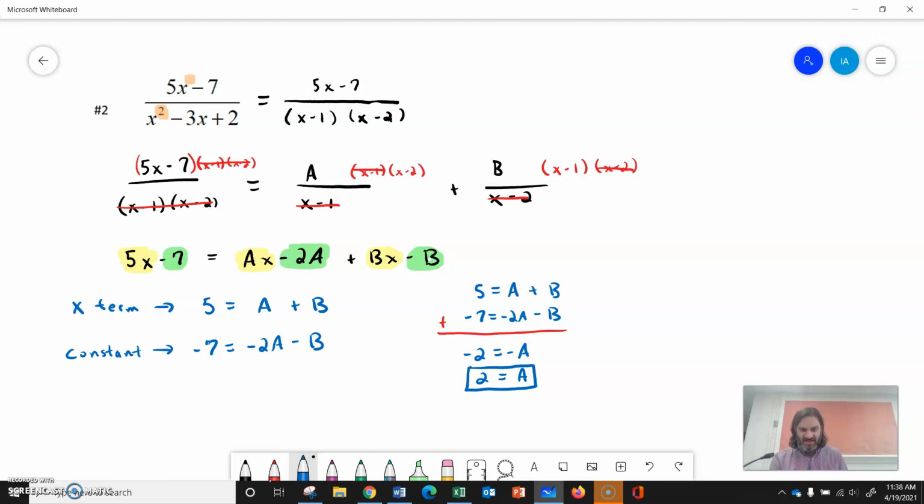And if I come back, if a is 2, I can go back to 5 equals a plus b. That means 5 equals 2 plus b. So b equals 3.